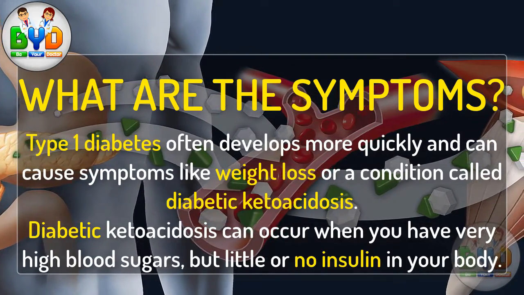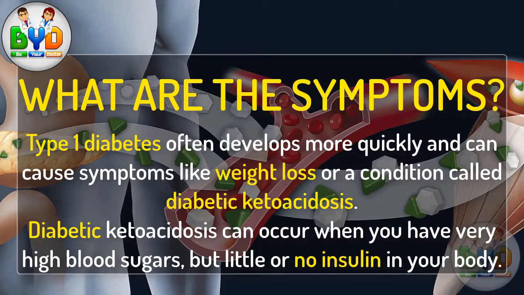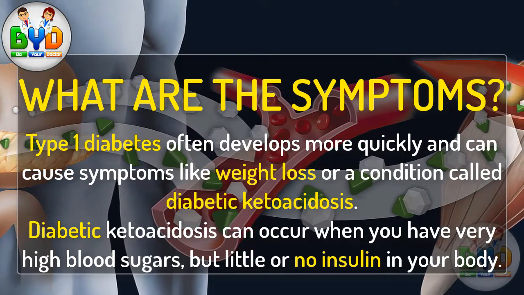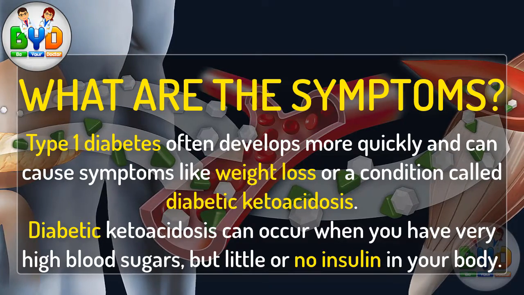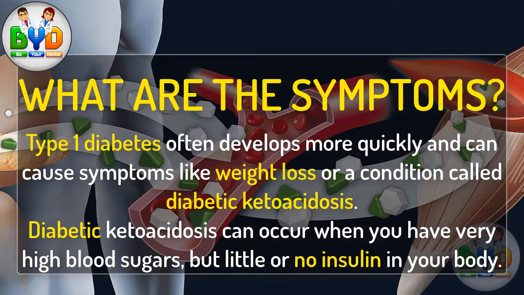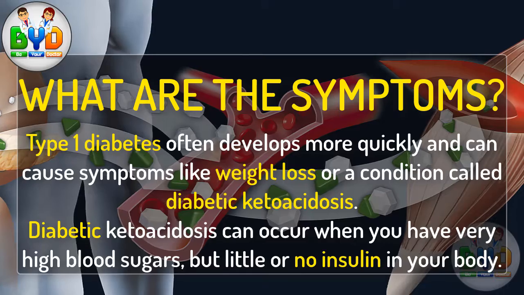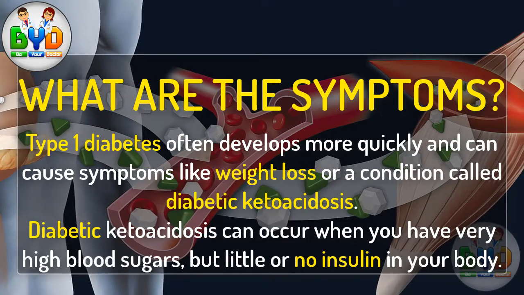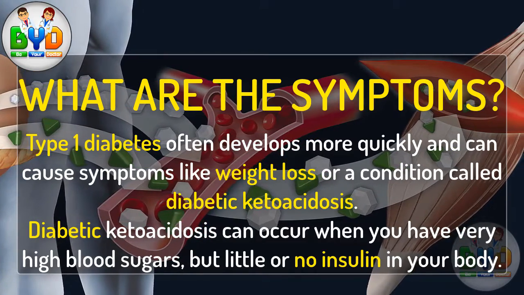Type 1 diabetes often develops more quickly and can cause symptoms like weight loss or a condition called diabetic ketoacidosis. Diabetic ketoacidosis can occur when you have very high blood sugars, but little or no insulin in your body.